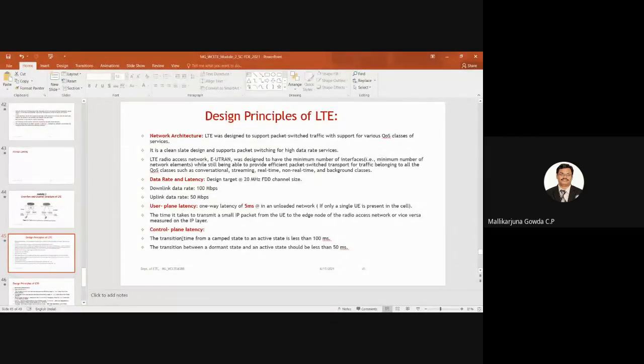That is known as the user plane latency.